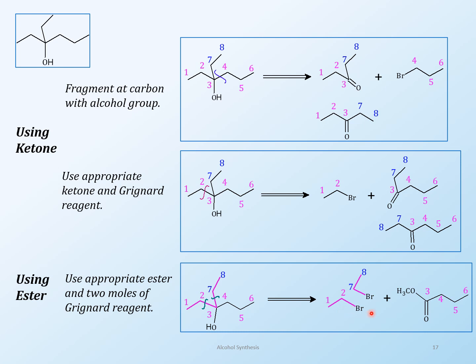When you react ethyl bromide with magnesium, you'll get the same thing. But here, whatever ester you use is fine. You can use an ethyl ester or methyl ester, just stick to those two, keep it simple. That's all we need here.